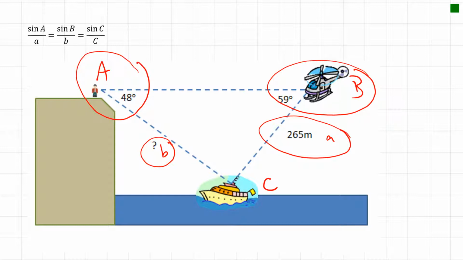So C is irrelevant for this problem, so this part of the sine law we don't use in this case, and we're going to strictly use this ratio. Just to reiterate, we have to label carefully and then pick the combination that works for the information given to us in the problem.